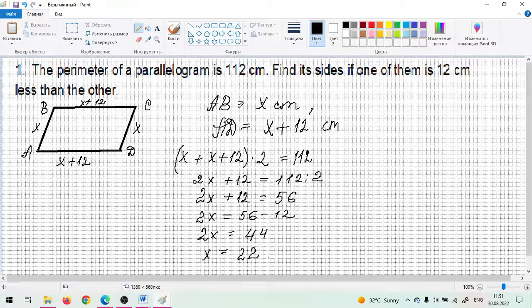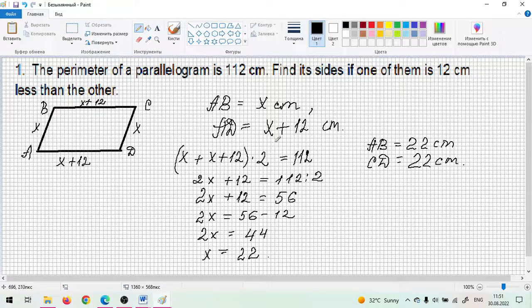So AB is x centimeters. So AB is 22 centimeters. CD is equal to AB, so CD is 22 centimeters.